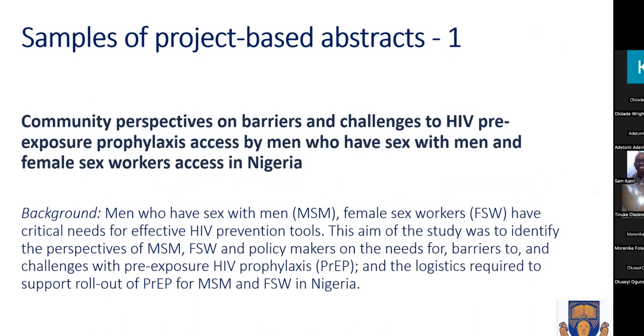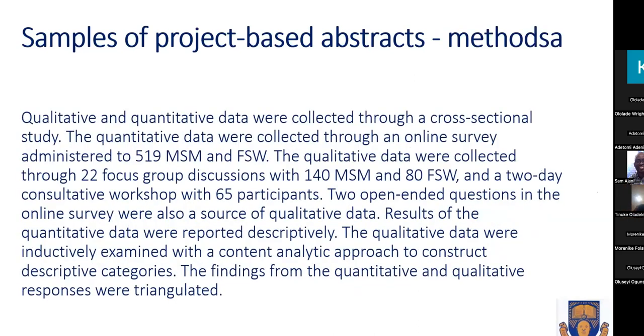That's 3. The 4th one is logistics required to support rollout. It wants to collect 4 variables. How did they define the variables? It's not here. Okay. And then the data analysis. Yes, you can find data analysis. It says descriptive for quantitative, but for the qualitative, he did a deductive analysis and then he triangulated.